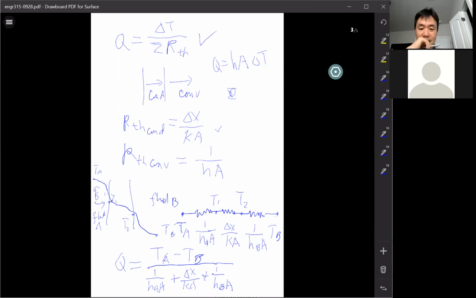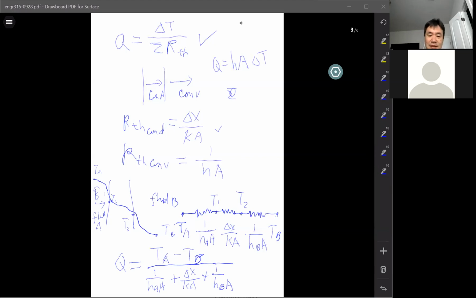Notice the whole entire system, there's no heat generation. There's no heat sink, no heat source. It doesn't lose heat. So the Q is the same. If you just want to look at between T1 and T2 in the conduction part, it has the same Q.